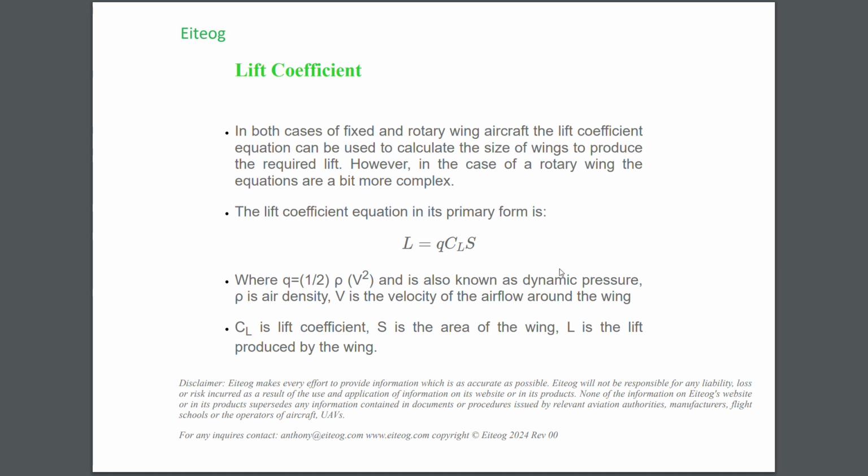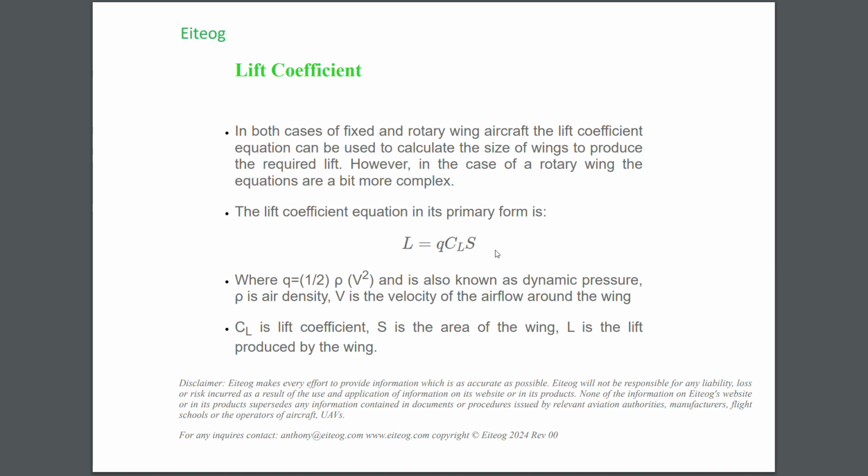I've split it up, and we've talked here about dynamic pressure, which involves your speed and the air density, and then you've got the lift coefficient and you've got area. You can see that the lift coefficient is known as non-dimensional. This is something I may touch on in another separate video.